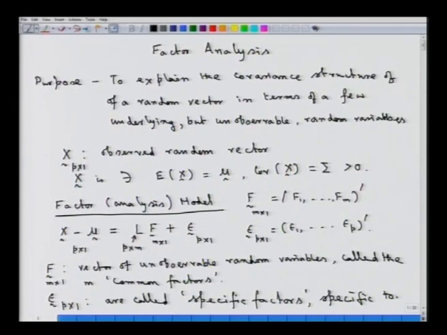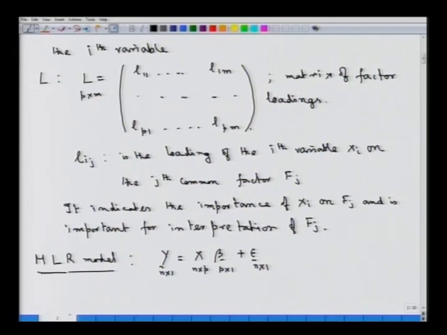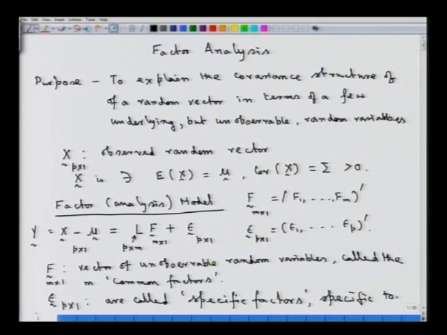Now, if we look back at the factor analysis model, there is a similarity between the two models. Here also, if we define this to be equal to some vector y, then y is equal to LF plus epsilon. We have in the multiple linear regression model y equal to x beta plus epsilon. X is a matrix of constants. Here in the factor analysis model, L is a matrix of constants.